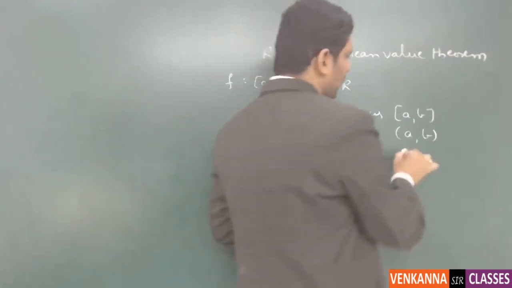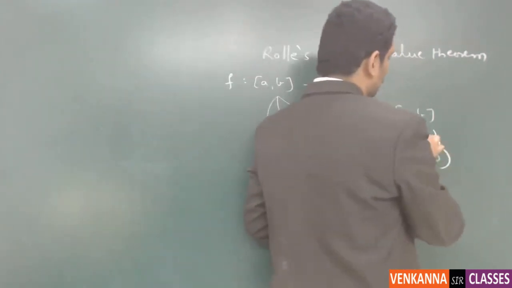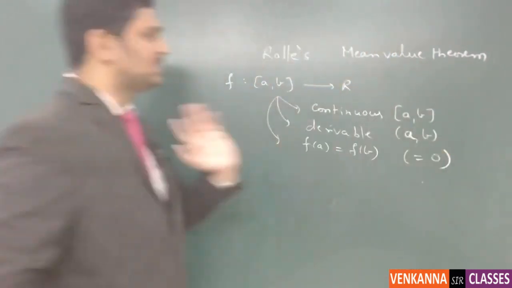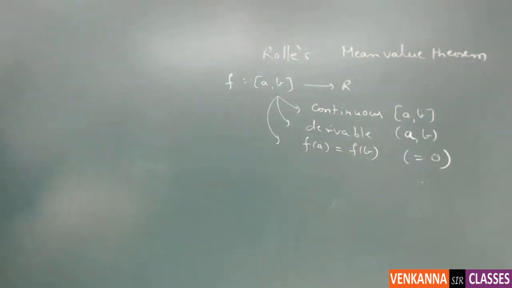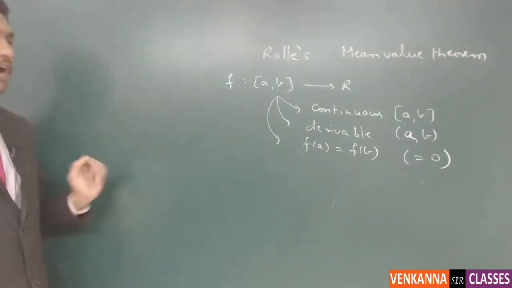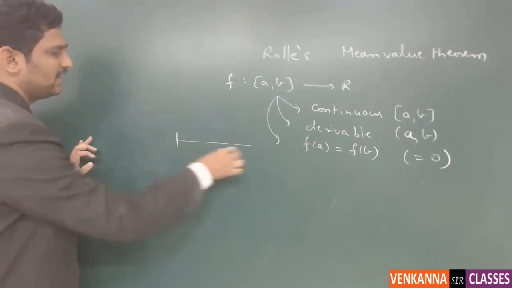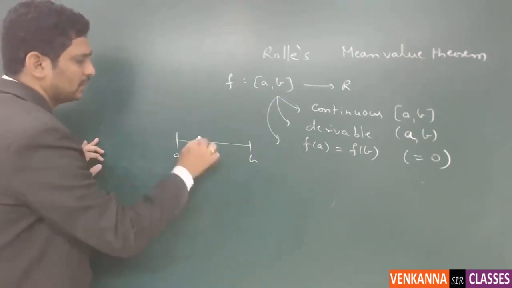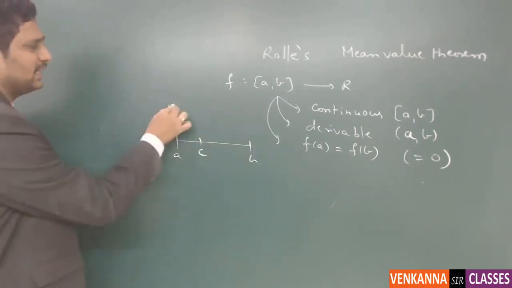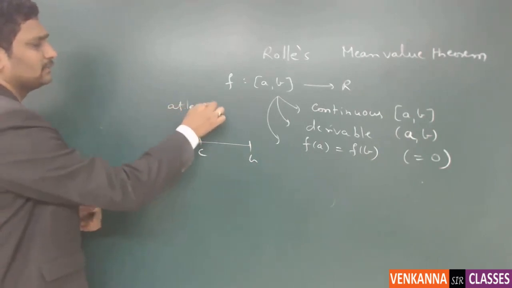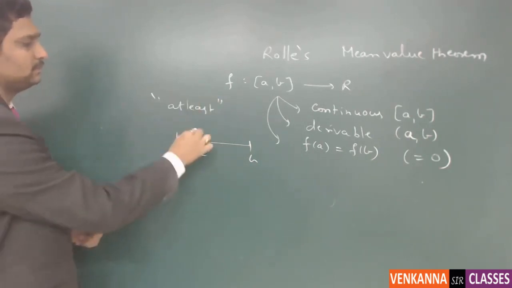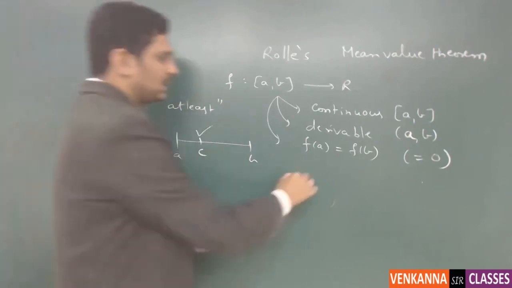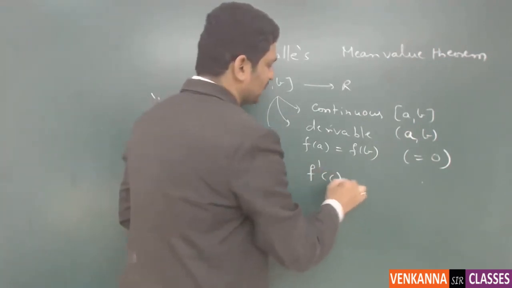Some others have defined that they are equal to 0, but usually it is taken that f of A is equal to f of B. Then on the interval between A and B, you are going to find at least one point C such that f dash of C is equal to 0.